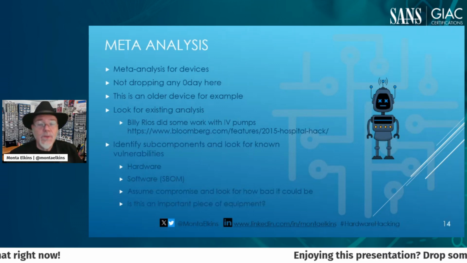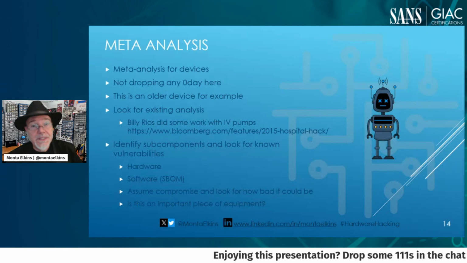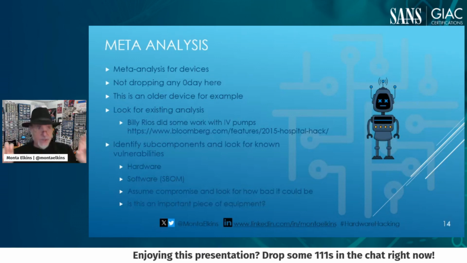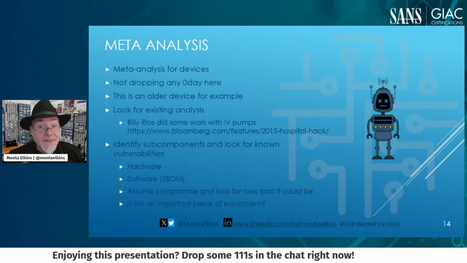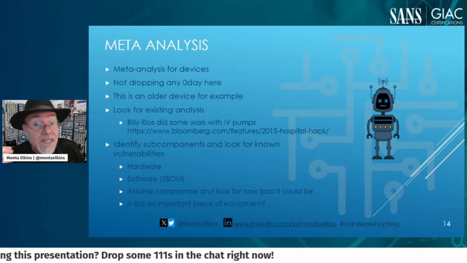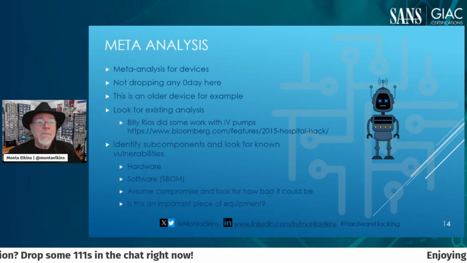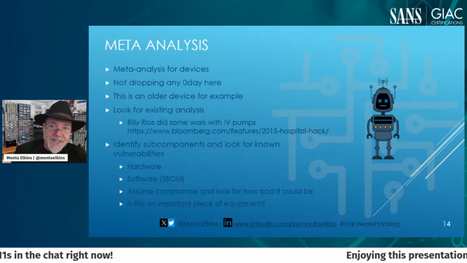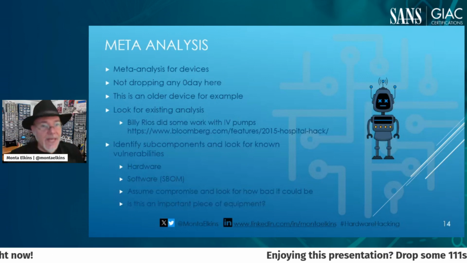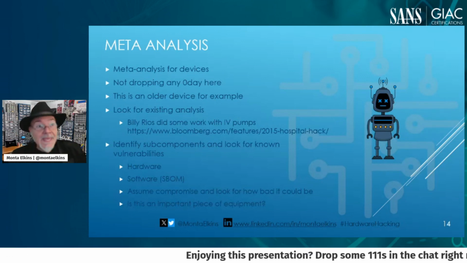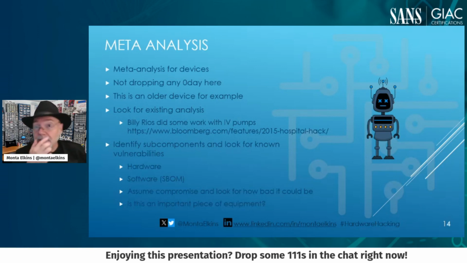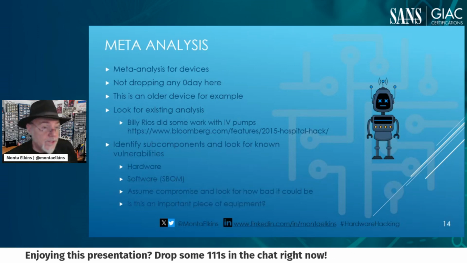Whether it's the hardware or the software, there might be known vulnerabilities, which from an attacker's point of view makes this a lot easier. That means I don't have to figure it out. Somebody else has already figured it out for me. But if you're trying to do a security analysis, you can see if somebody else has figured out some of those things for you. If they haven't, we're going to talk about some shortcuts to work through this as well.